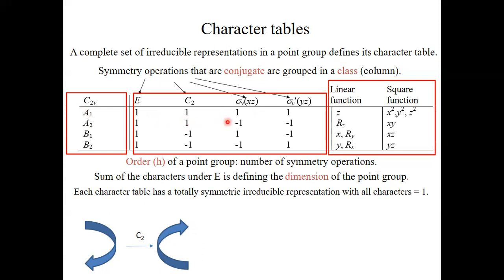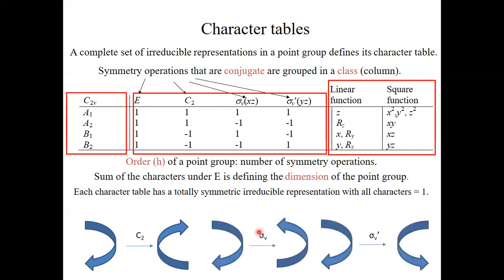Okay, so now let's look at the other two symmetry operations, sigma v and sigma v prime. What does sigma v do?